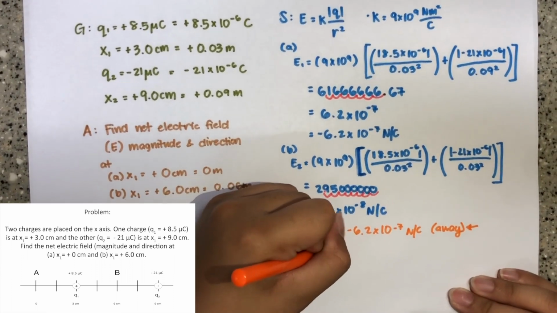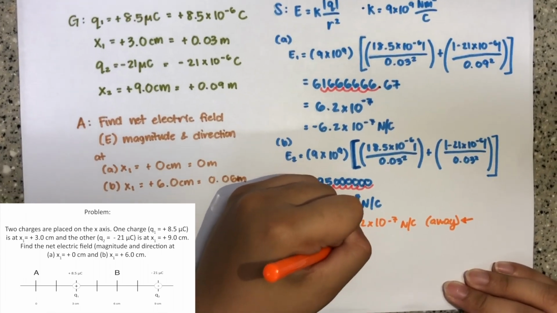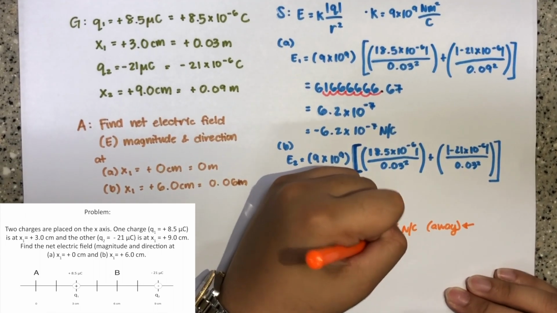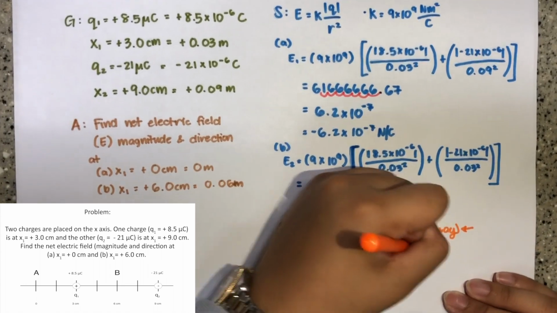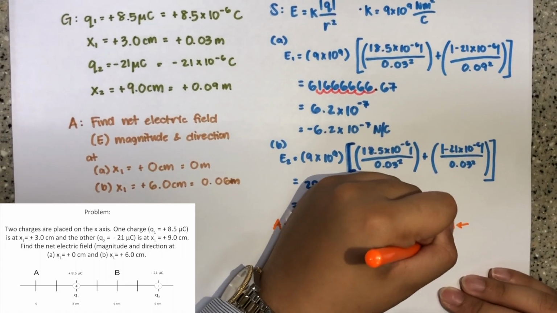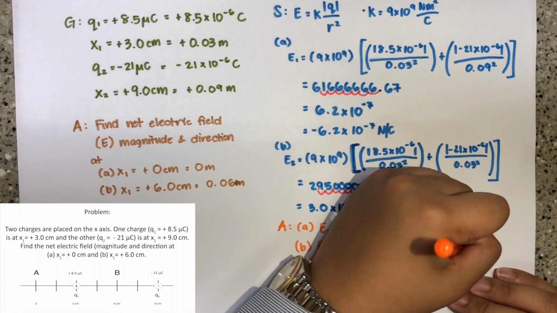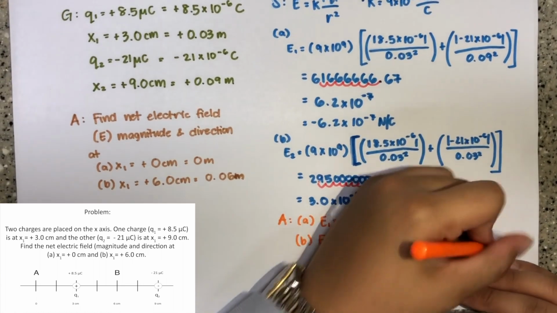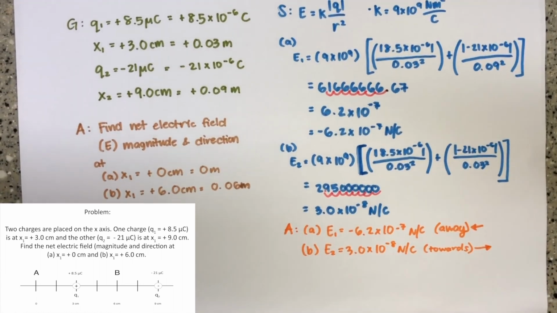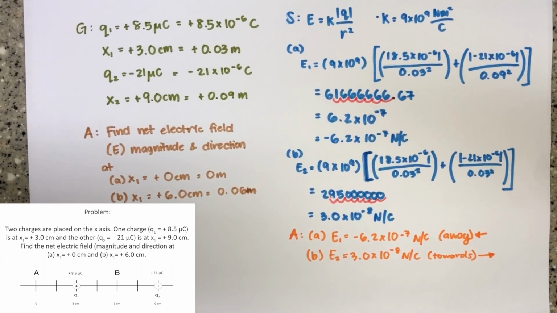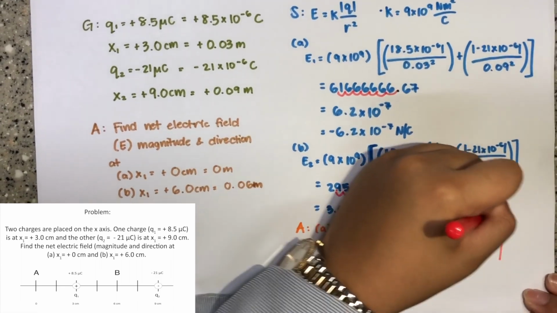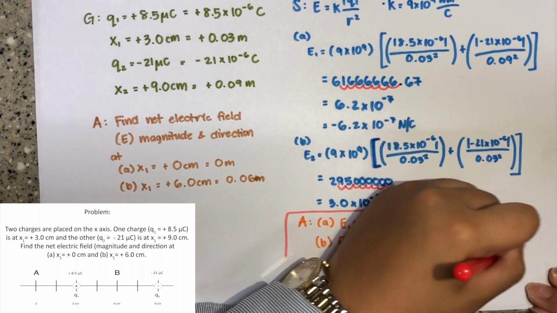And B, at 0.06 m, it'll be 3.0 times 10 to the power of 8 towards, or rightwards. So the unit of electric field is N over C, which is newtons per coulomb.